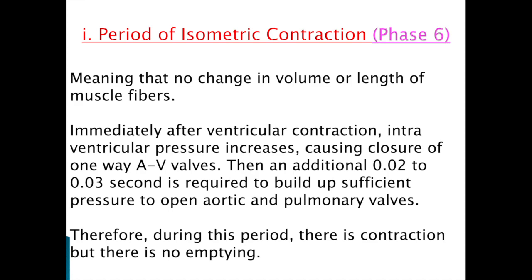The only way to go is through the aorta, and the aorta has a high pressure. It will not go into the aorta until the ventricular pressure goes higher than 80. So in this isometric contraction, there is no change in volume and no change in length of the muscle fiber. It is contracting and increasing the pressure till it reaches 80 and the valve opens. This is the end of isovolumic contraction.